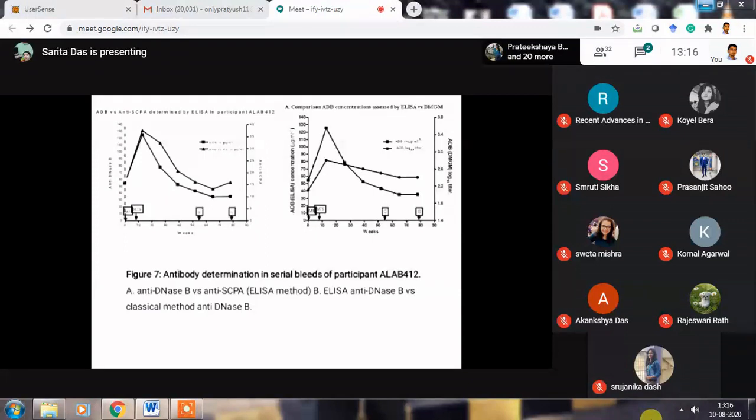So when we add the antibody, it will interfere. So the inhibition or neutralization assay is measured in the micro method. That is used in conventional practice.